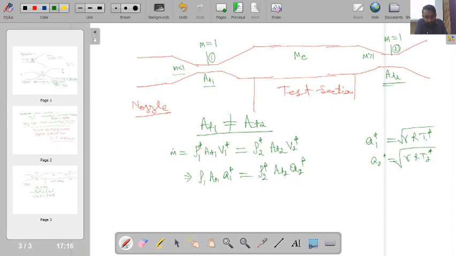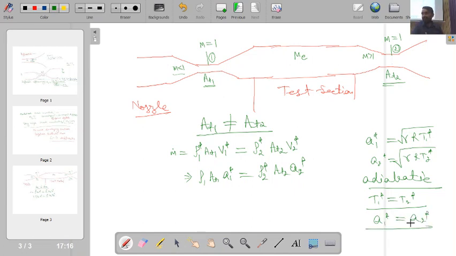And we know that if our flow is adiabatic, T1 star will be equal to T2 star. This is the reason that a1 star has to be equal to a2 star for adiabatic flow. So I can cancel out a1 star and a2 star.